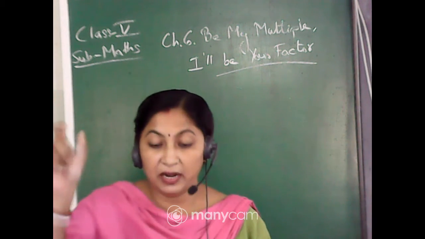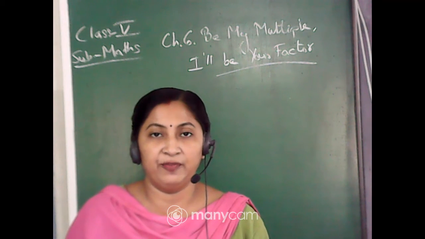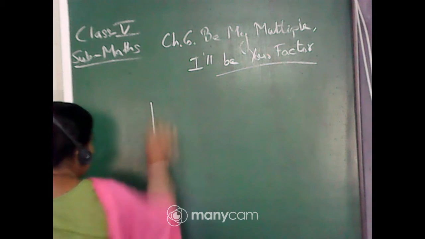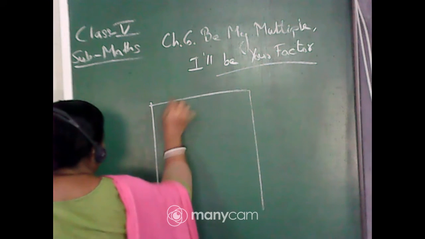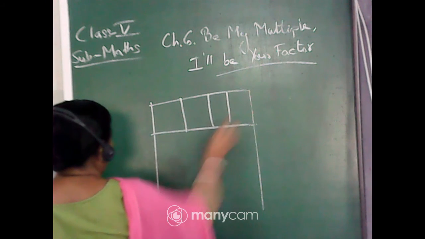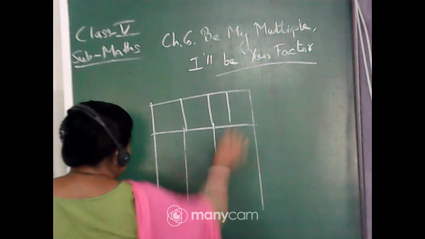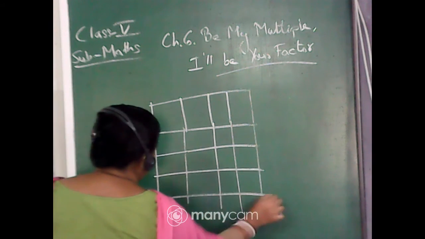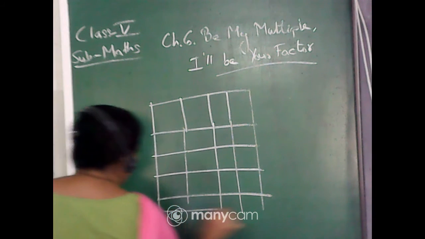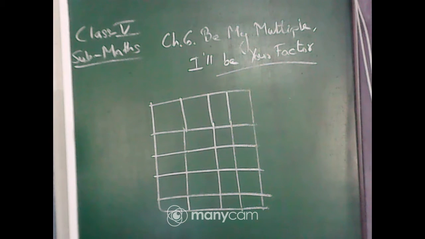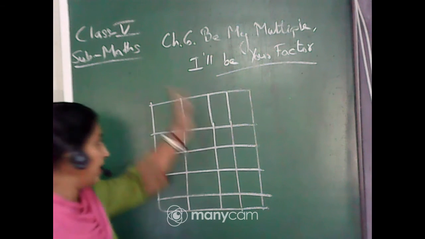Then again, if you are arranging in 4 into 5, that means 4 boxes horizontal, 1, 2, 3 and 4, and 5 boxes vertical, 1, 2, 3, 4 and 5, like this way. I am drawing freehand, that's why my boxes are not of equal sizes, but you can draw like this also, 4 and 5.